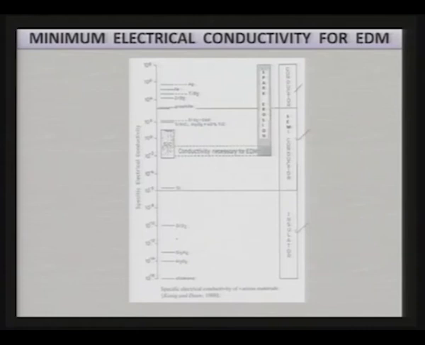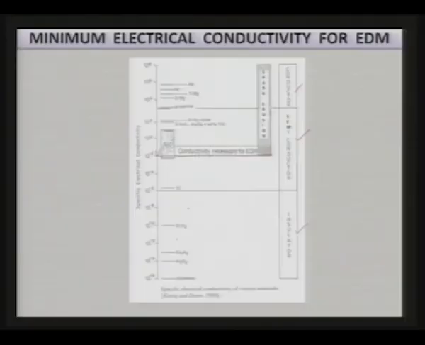Now, in semiconductor also up to a certain point as shown over here, this is the minimum necessary conductivity which any material should have to be machined or processed by EDM process, and you can clearly see here there is a certain value which is represented in terms of specific electrical conductivity, and many people have been designing materials so that they can be easily machined by the EDM process. That means, they will have this certain minimum conductivity, because without it they cannot be shaped and sized by the EDM process and to some extent by the ECM process also.